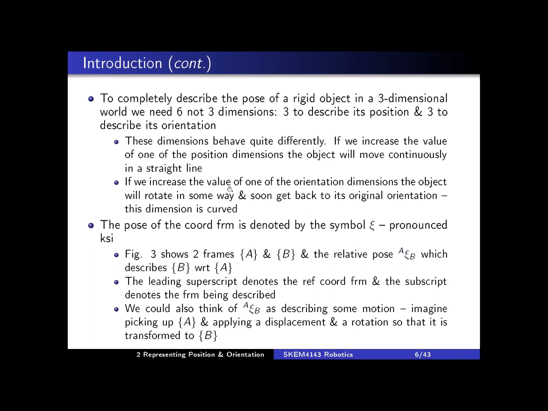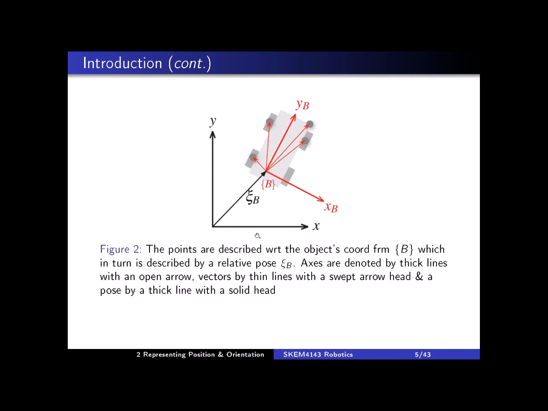However, if we increase the value of one of the orientation dimensions, the object will rotate in some way and soon get back to its original orientation. Therefore, we say this dimension is curved. So what does that mean? If I rotate my mobile robot around xb, you can imagine we rotate this around xb, when we have rotated it 360 degrees, it will get back to the original orientation.